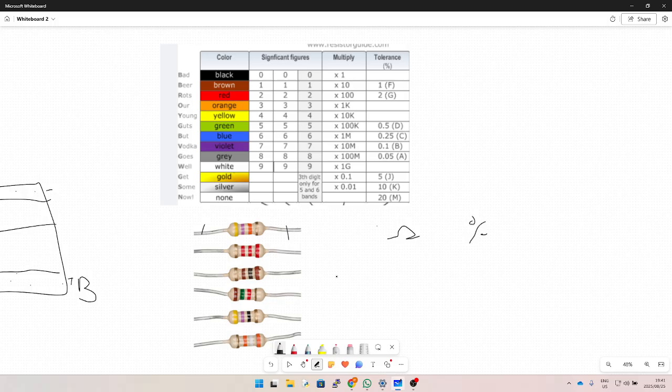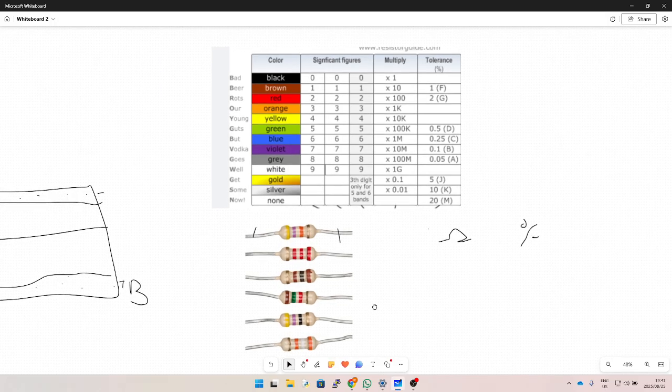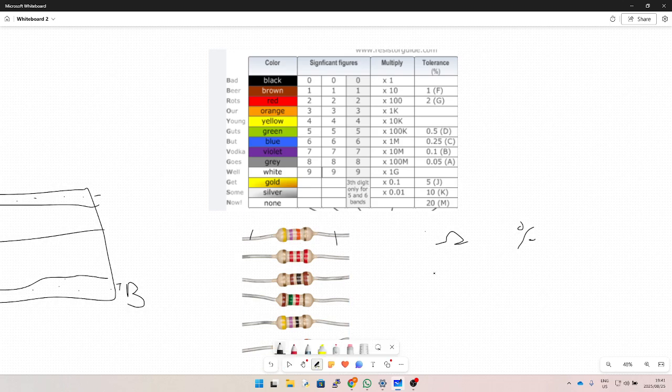It would be 4, 7. The multiplier is 1 times by 1k. And is that gold? Yeah, that's gold. Okay, and then a 5% tolerance. And that's correct.